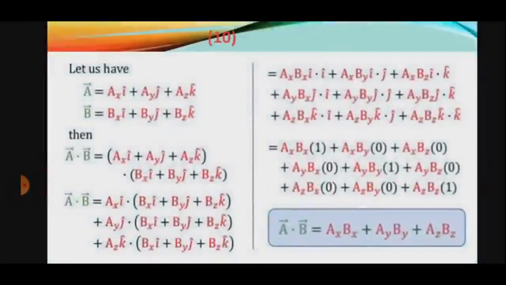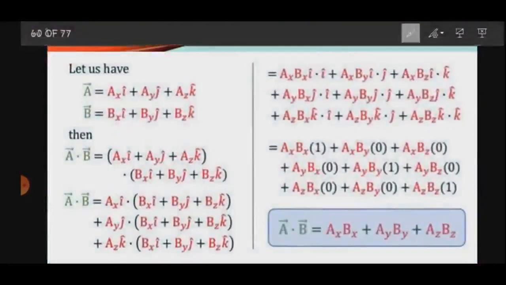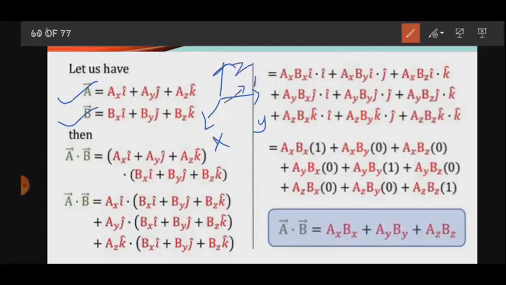In terms of components, the scalar product of A vector and B vector can be written as follows. This is a vector, this one is b vector. Now I draw one diagram with x, y, z with respect to a component, with orthogonal unit vectors i unit vector, j unit vector, k unit vector.